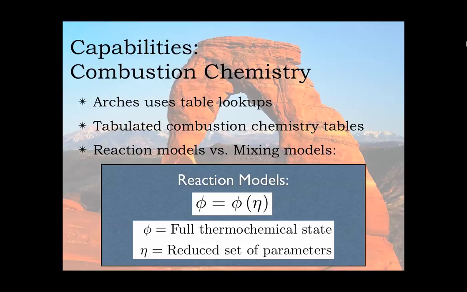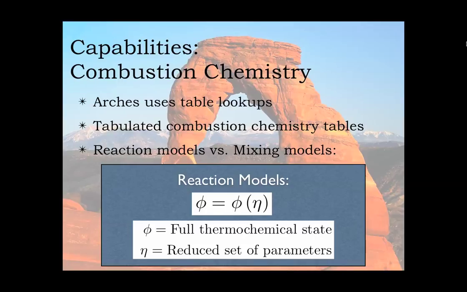That's the thermochemical state of our simulation, and each different cell is going to have a different phi. You can think of phi as a value that's unique to an infinitesimal point in any sort of combustion system. So we have a whole lot of phis, and phi has a whole lot of variables.